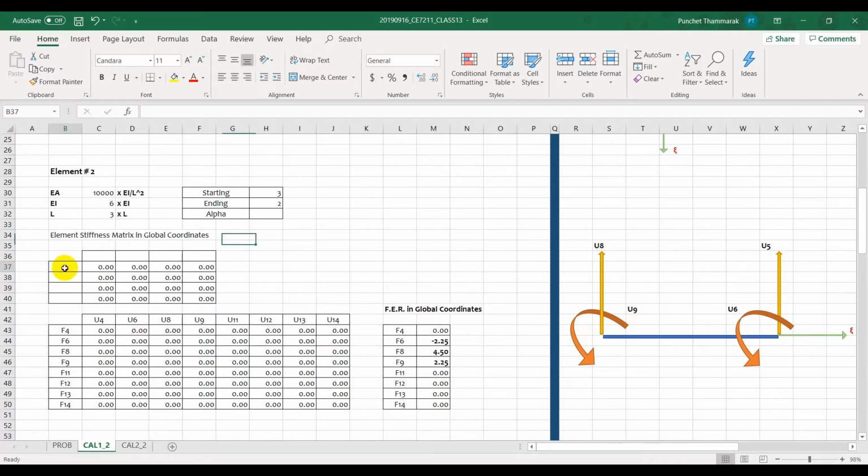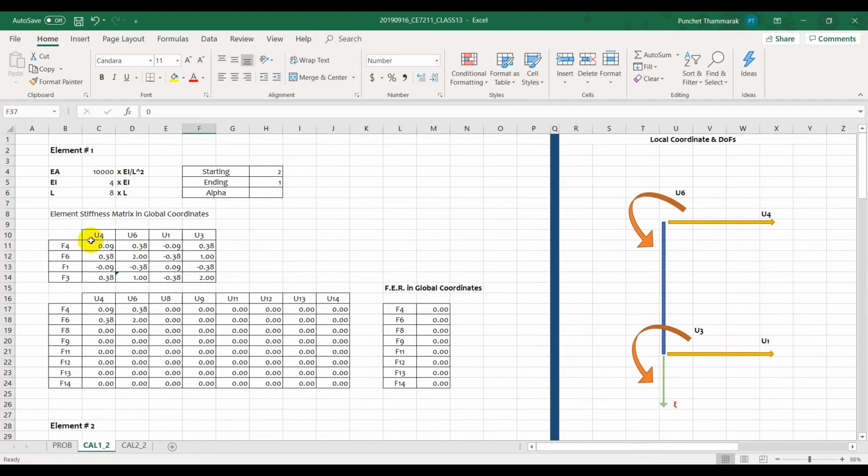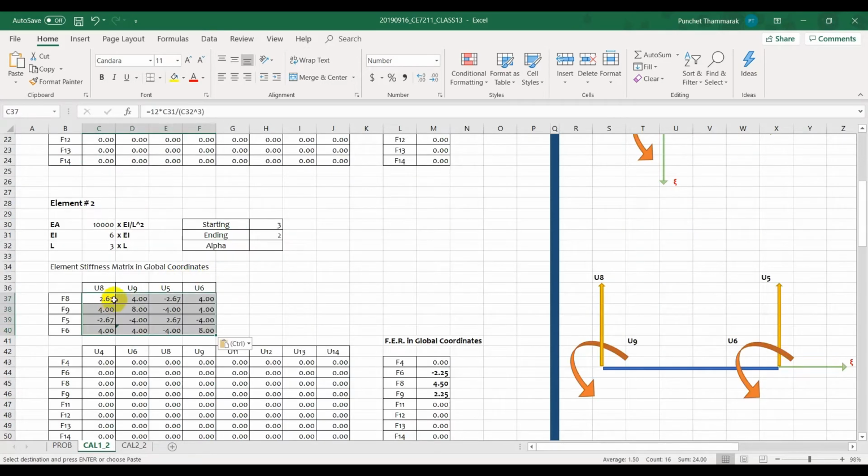And then we put in F8, F9, F5 and F6, U8, U9, U5 and U6. Okay, I will copy this from here, and then I check.